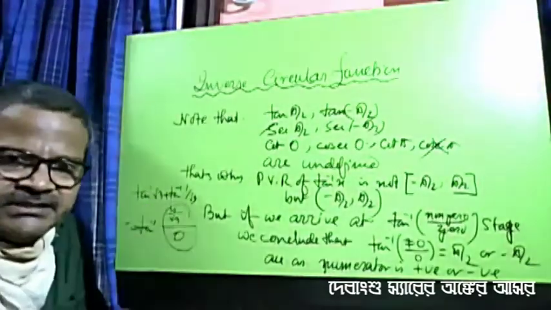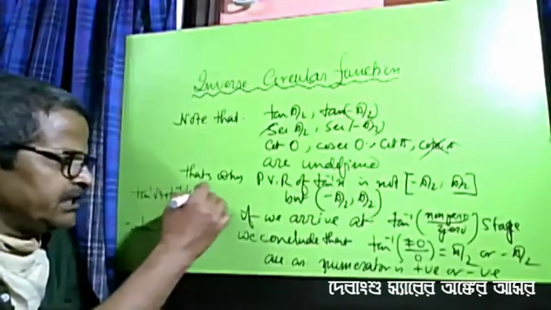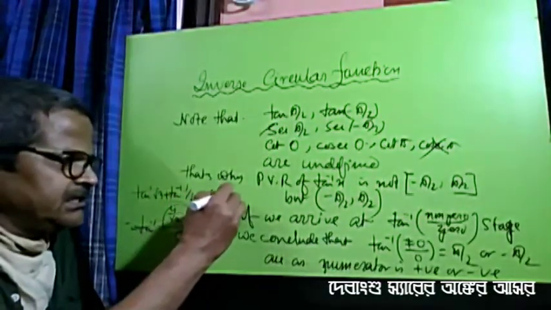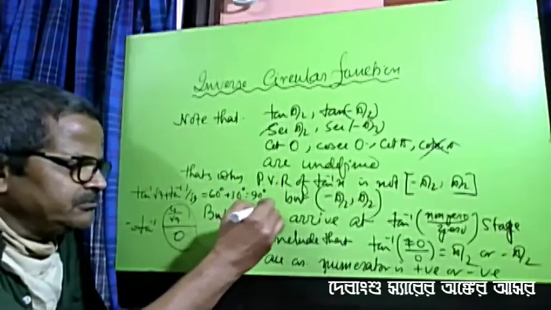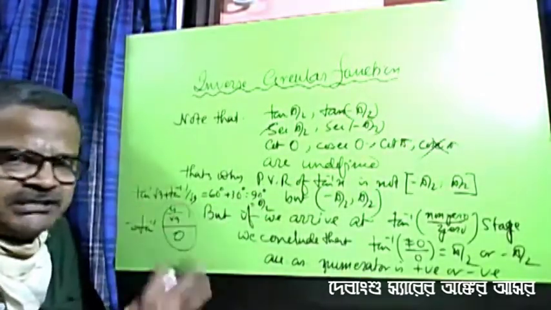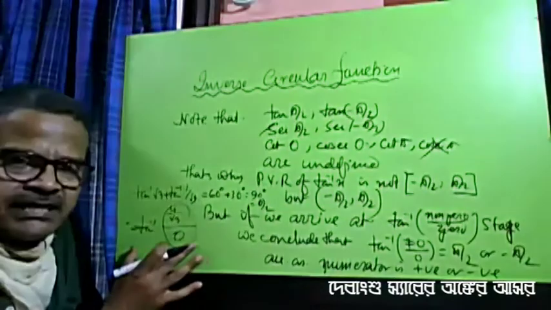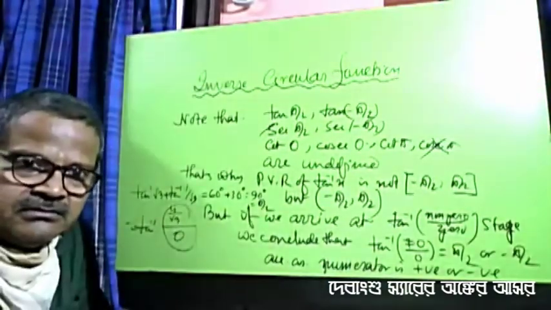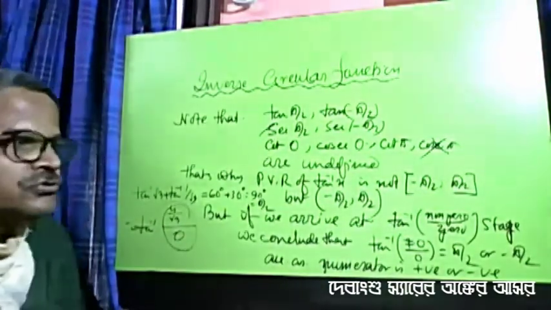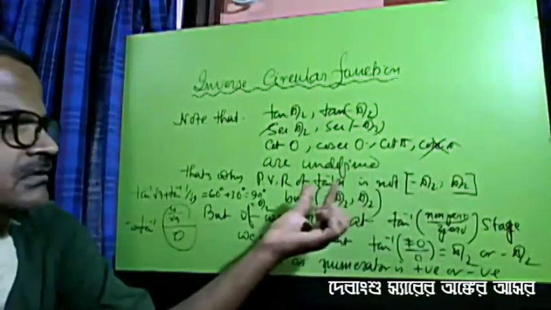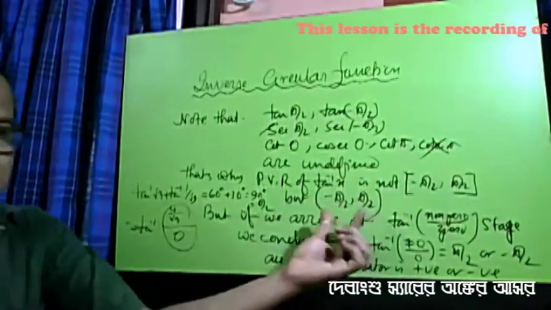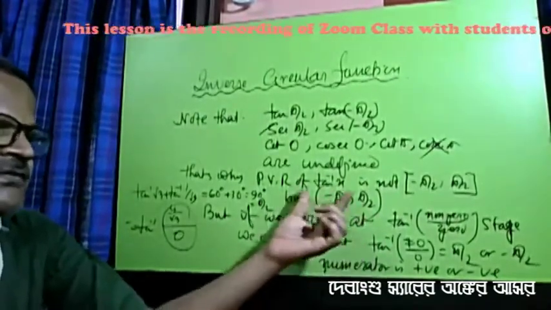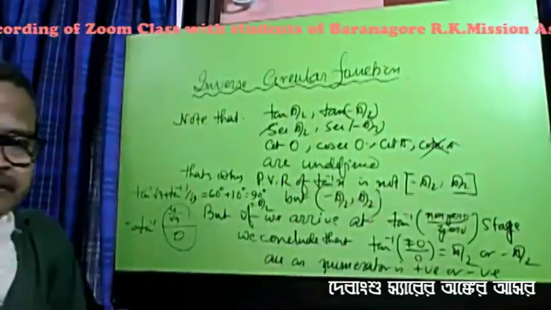We know that this is 60 degrees and this is 30 degrees, so it is 90 degrees, that is pi by 2. So the left hand side is pi by 2, and we can't say that the right hand side is undefined. It is not possible. So the logic that the PVR of tan inverse is not this but this is false. So the PVR is always included.